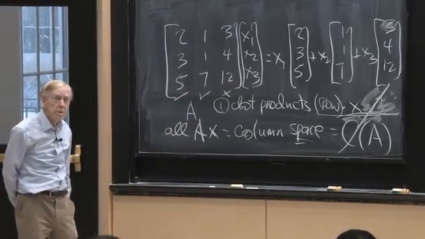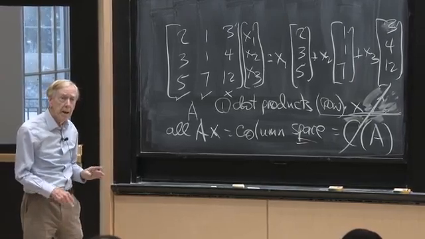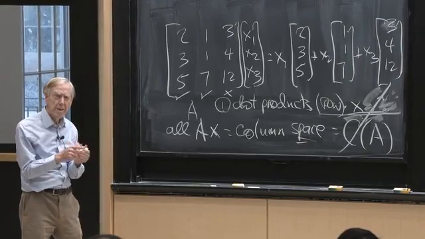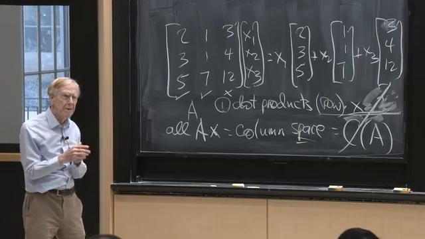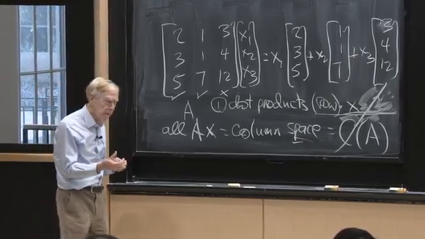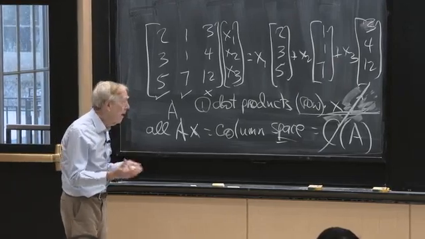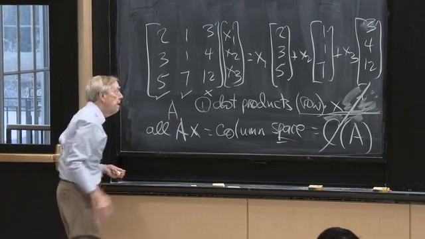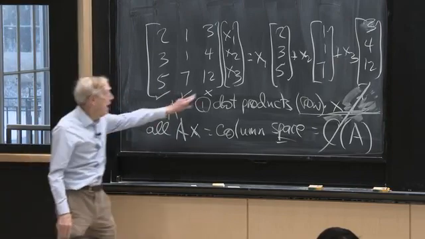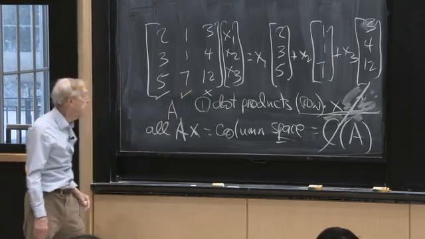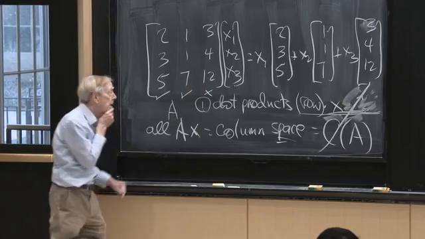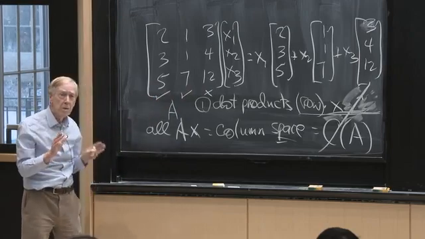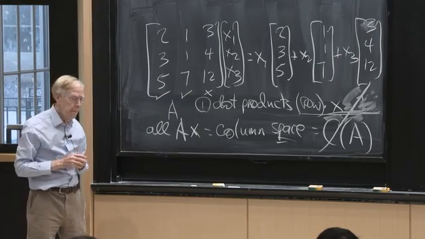And those two columns would be a basis for the column space. So that's the critical idea of linear algebra. That's what you compute with. You find a basis, and everything in the column space is a combination of these. Everything else in the column space is a combination of those two. So they're a basis for it.